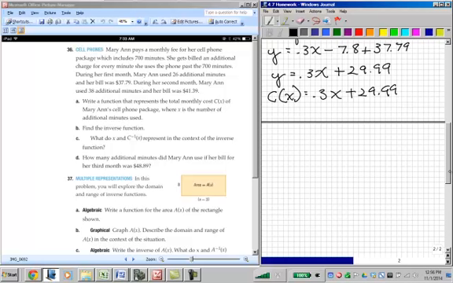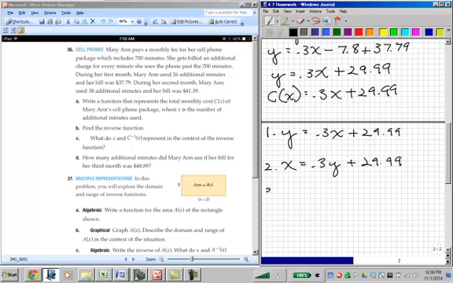Now, we're going to put y in. So step one, and I'm going to number the steps. Substitute y for C of x, which we already did before. But anyway, y equals 0.3x plus 29.99. Step two, switch x and y. So x equals 0.3y plus 29.99.